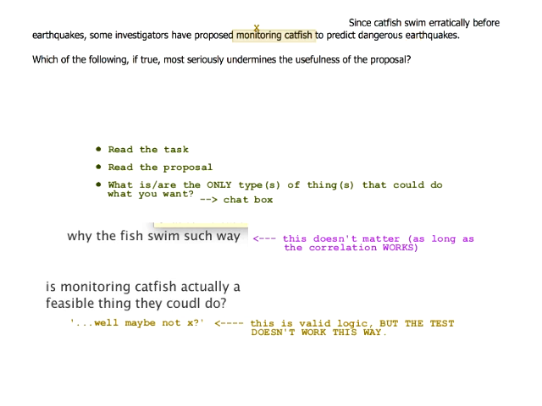You might want to think about that. Like, what if they swim erratically before? I don't know if you guys know this if you don't live in earthquake country, but here in Tokyo and also in LA, there are little bitty earthquakes every single day. So aha, now we're talking.